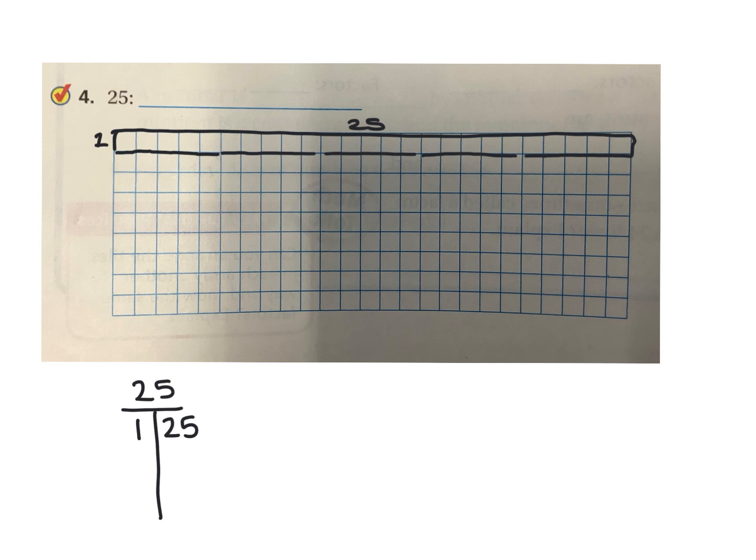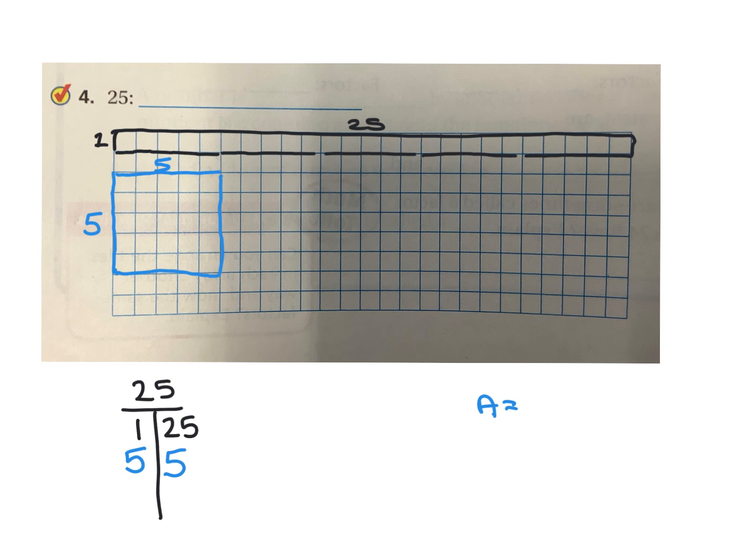5 will work. So we would do 5. 1, 2, 3, 4, 5. And so there's 5, 10, 15, 20, 25. So I needed 5 as my width and 1, 2, 3, 4, 5 as my length. 5 times 5 is 25. If somebody asks you, what's the area of this garden that has a length of 5 feet and a width of 5 feet, what is the area inside of that?